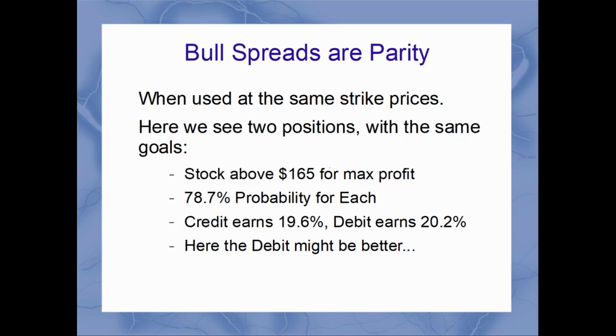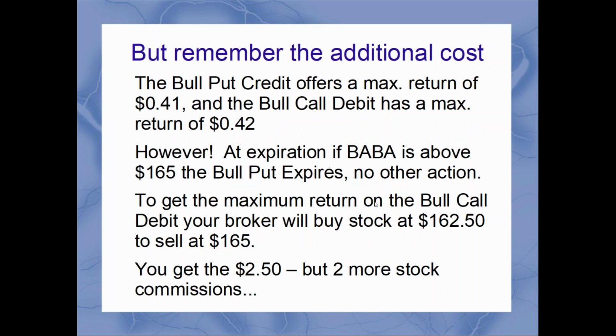Now the bull put credit took in 19.6% potential return at expiration, but we saw the debit might get us 20.2%. Here in this situation, the debit spread might actually be better. I'm getting a little bit more bang for my buck, 0.6% more for a 10-day trade. Okay? But you have to factor in the additional cost.